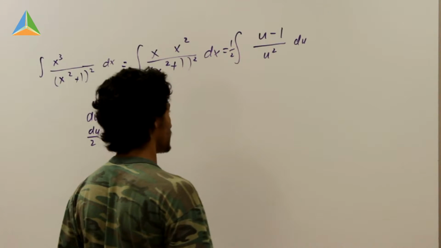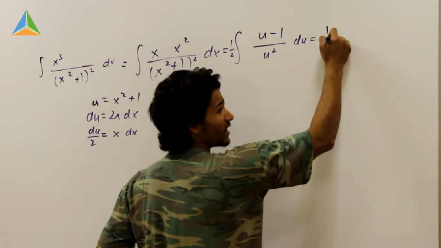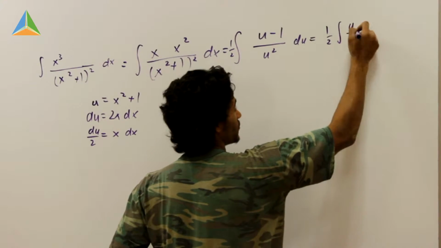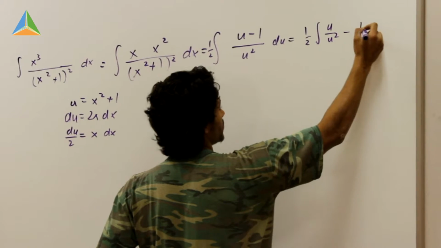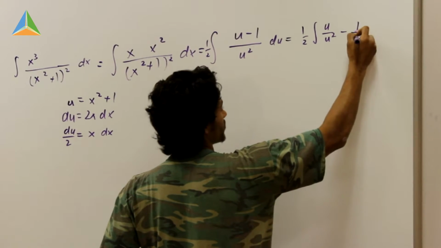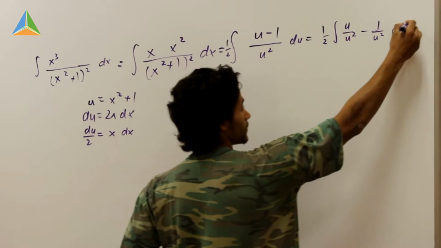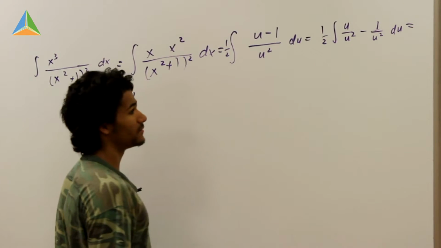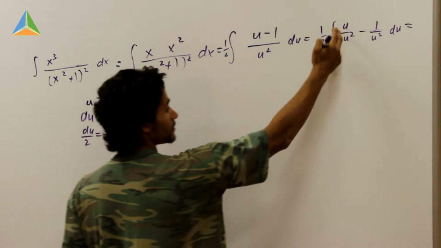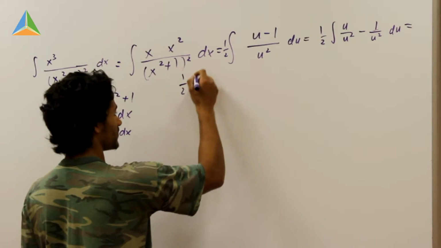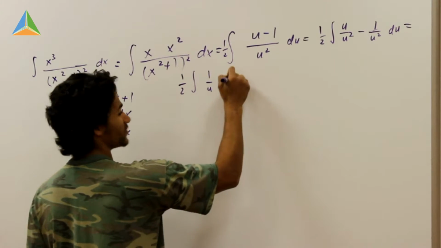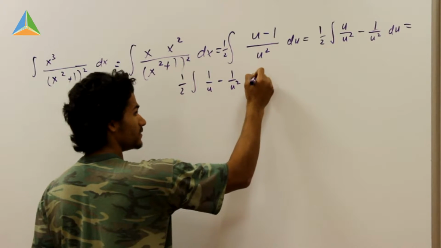And this can be rewritten as 1/2 u over u squared minus 1 over u squared du. And then we simplify here. 1/2 1 over u minus 1 over u squared du.